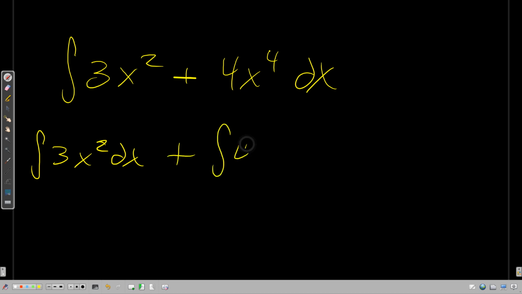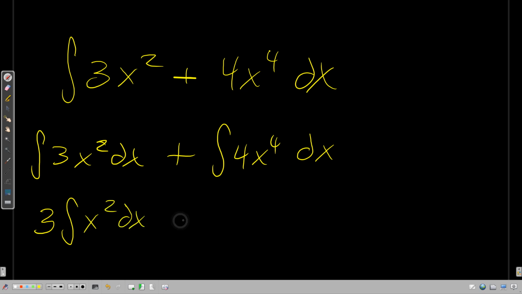So if you had to break it down for somebody and explain exactly where all this was coming from, you would need to say, I'm integrating term by term, and then the constants can come out in front of the integral symbol.